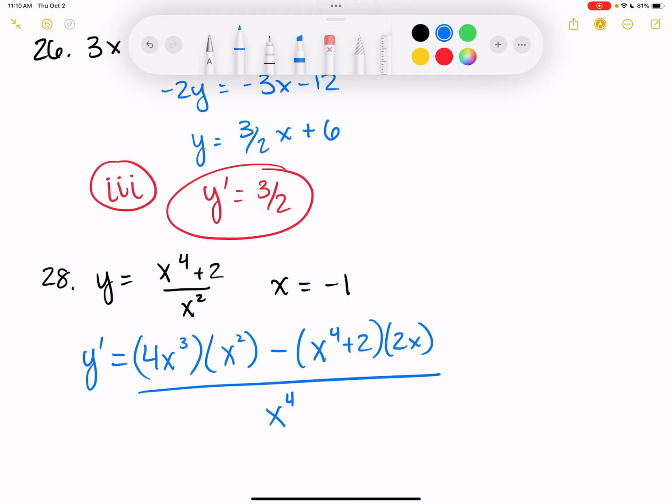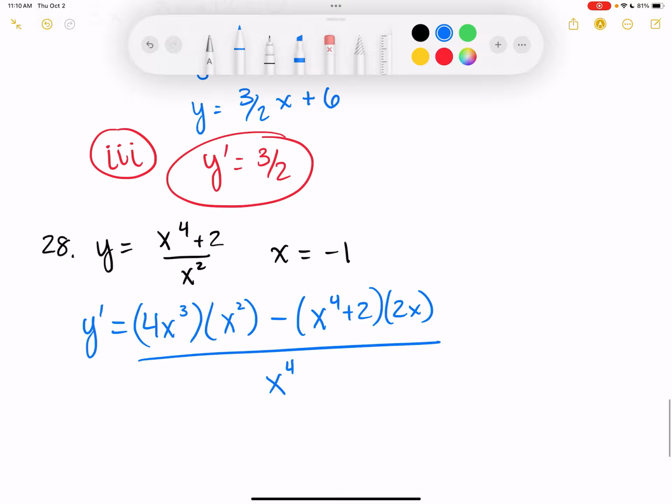All right, so then I would multiply, obviously, the top. And so I would get 4x to the 5th minus, over here we've got 2x to the 5th minus 4x.